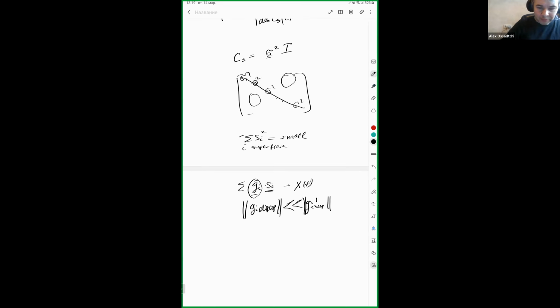And then the sum of the squares will also be large, because G sub I for the deep sources are very small. And therefore, this thing will have a tendency to say that it's better to say that those are superficial sources that are active, because they can be of smaller amplitude.